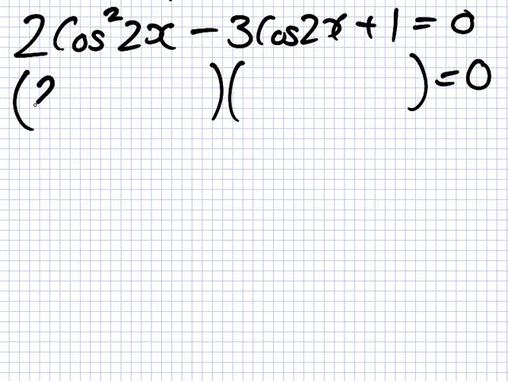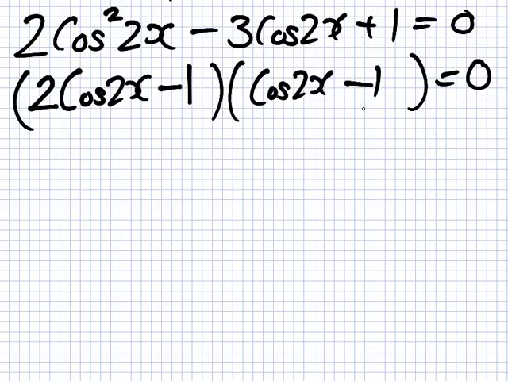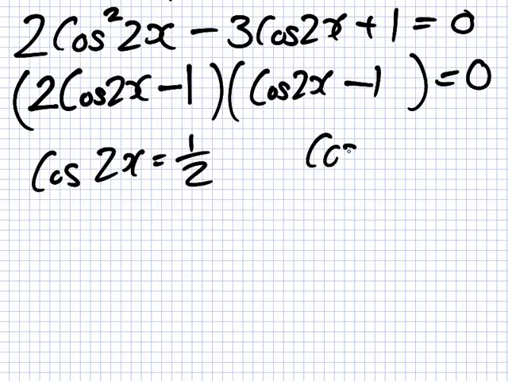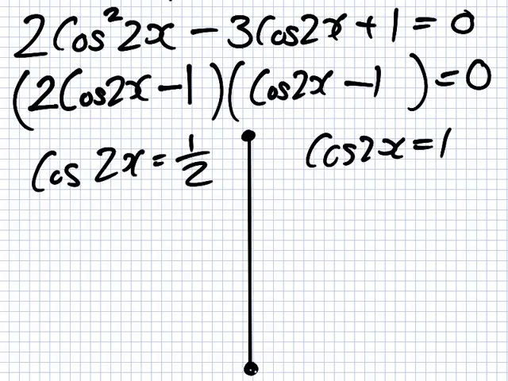This is going to have to be 2 cos 2x minus 1 and cos 2x minus 1. The factors, the roots, have to be a half or 1. Now if you didn't know that, you can use the quadratic formula, minus b. So that's fine. Is that okay so far? Now, here we can say 2x equals cos inverse a half.